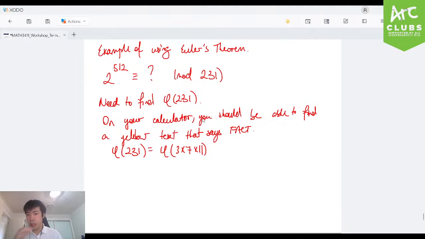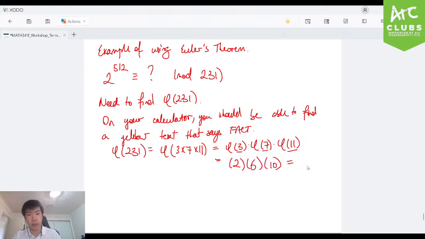Then you can apply the multiplicative property of phi and get phi of 3 times phi of 7 times phi of 11 immediately. Your calculator does prime factorization, so all these numbers here are prime. So phi of 3 is 2, phi of 7 is 6, phi of 11 is 10, and you ultimately get 120. That way you can calculate your phi's very quickly.